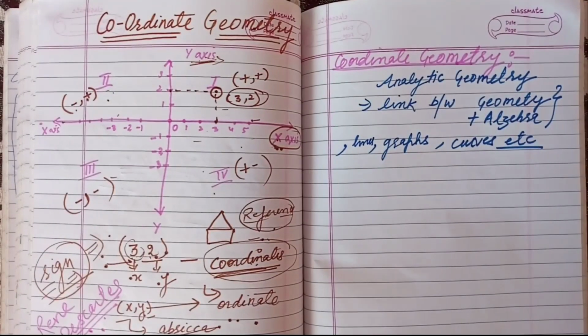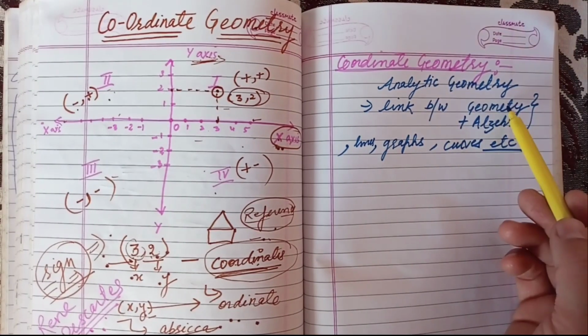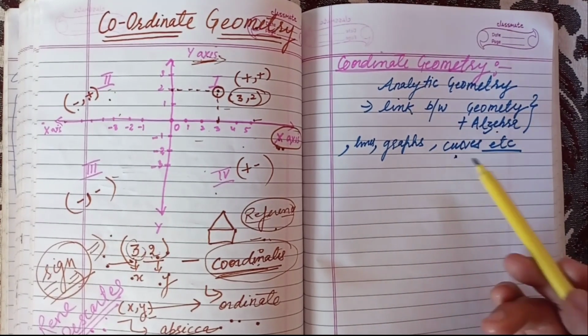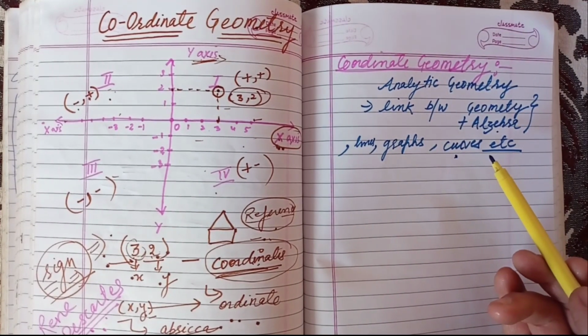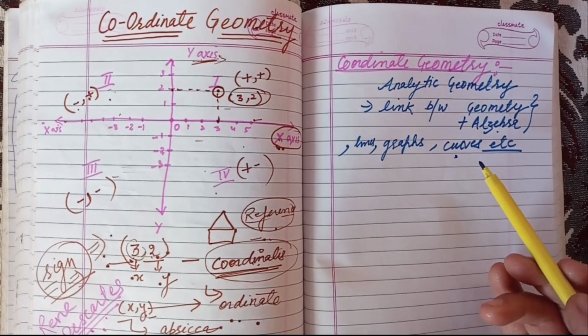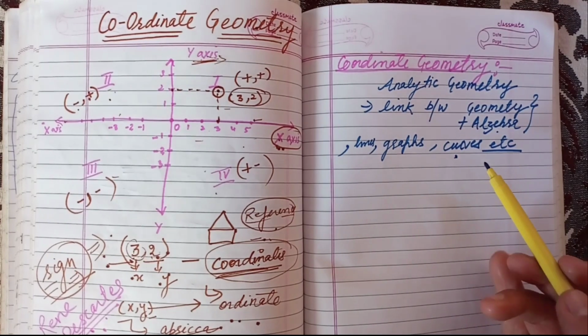So coordinate geometry is the link between geometry and algebra through lines, graphs, curves, and plotting the coordinates. Clear?